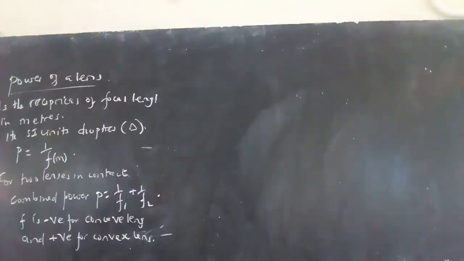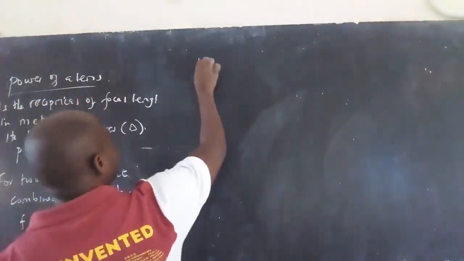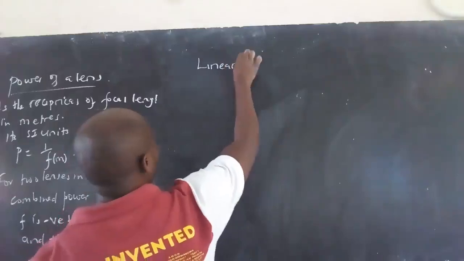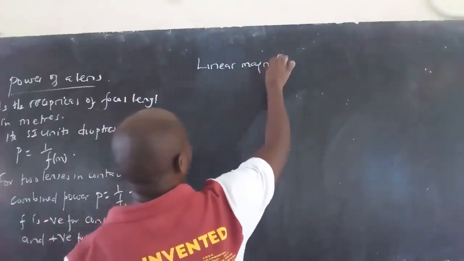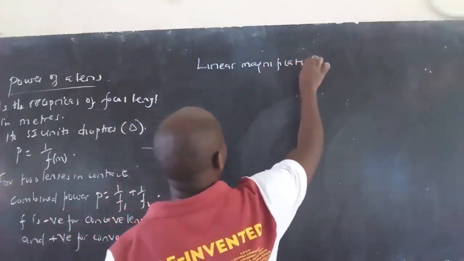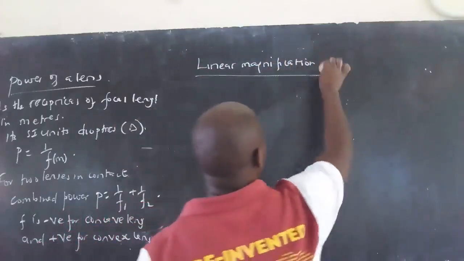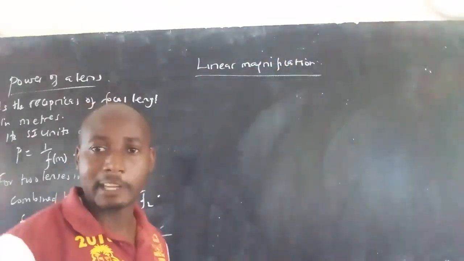Then we are also going to look at what they call linear magnification. How do you get linear magnification?